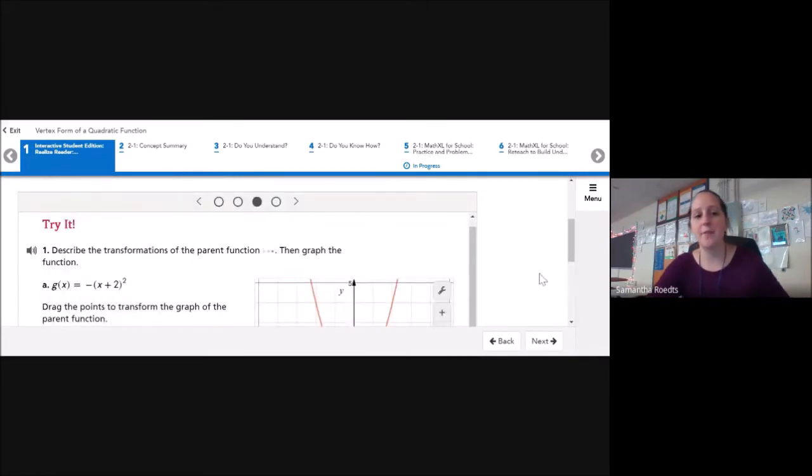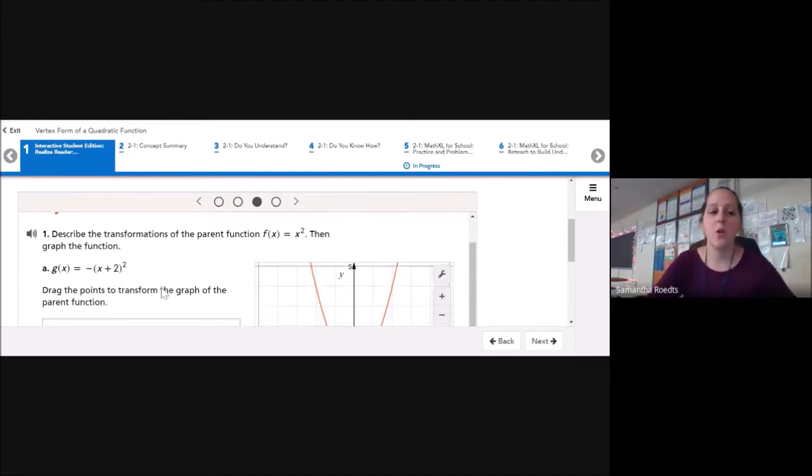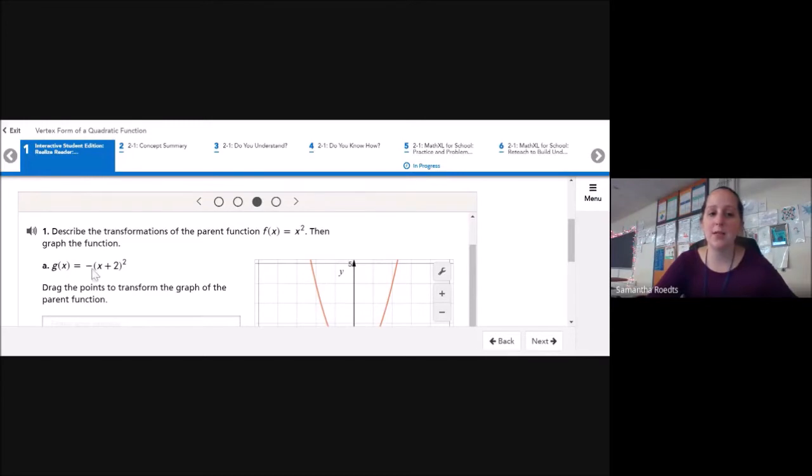All right, so let's try it. Describe the transformation of the parent function f of x equals x squared, then graph the function. So my graph is g of x equals negative the quantity x plus 2 squared. So the plus 2 tells me that I'm moving horizontally, okay, either left or right.